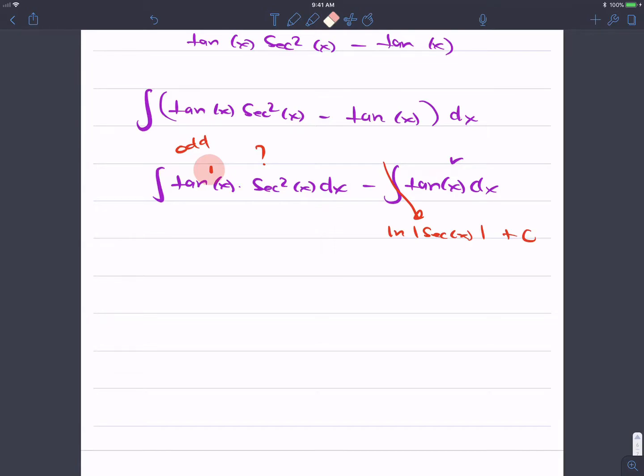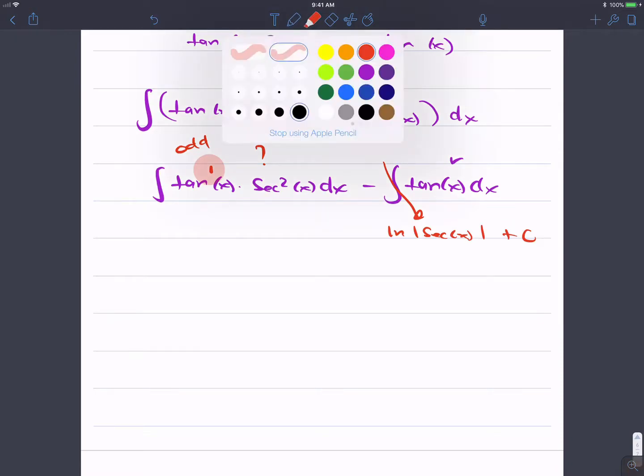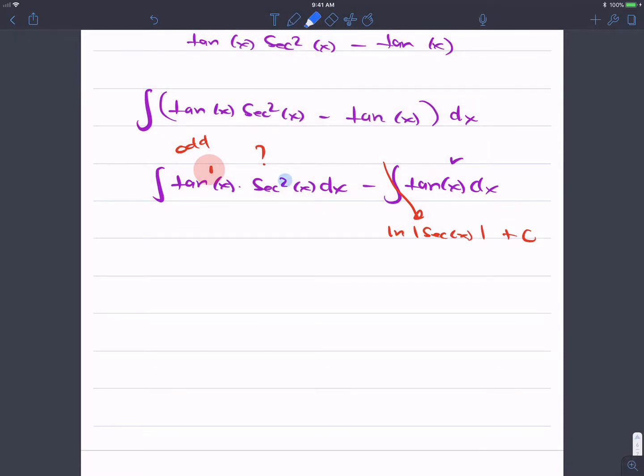We can use u being secant. We can follow our procedure here. But you know what I noticed as well? You have an even power for secant. Now let's stop and think about the last video.